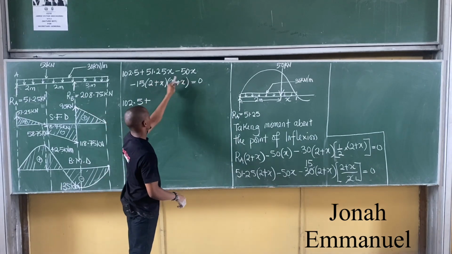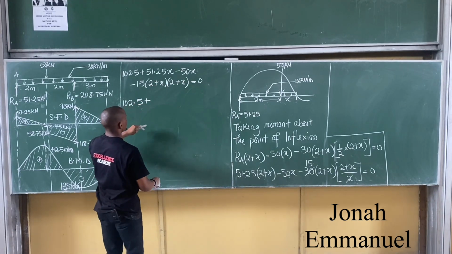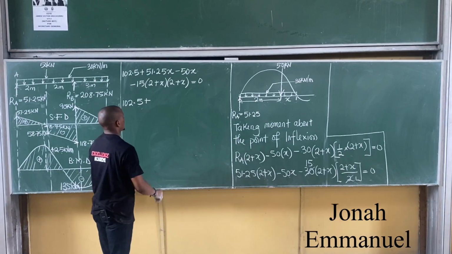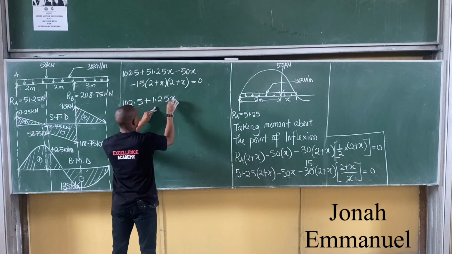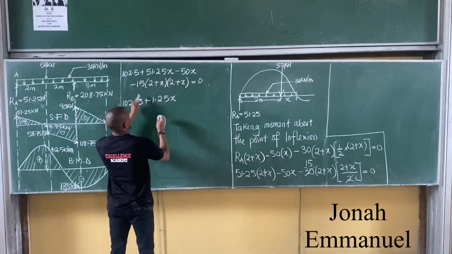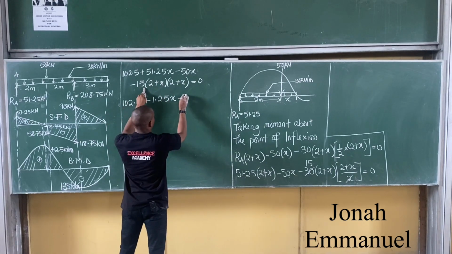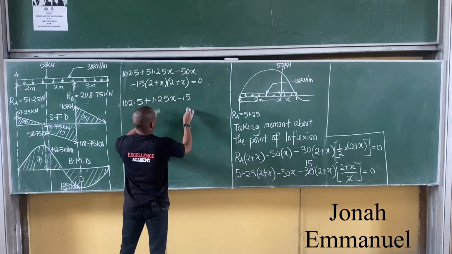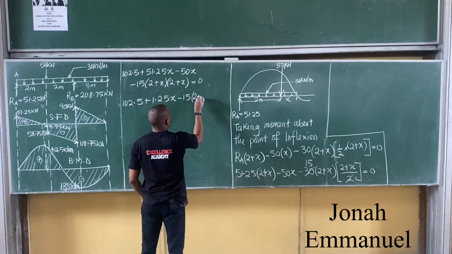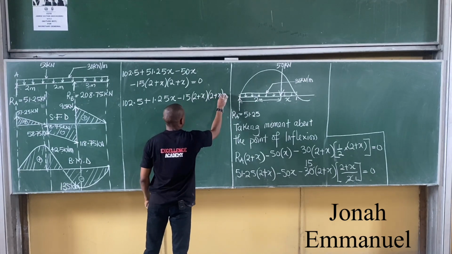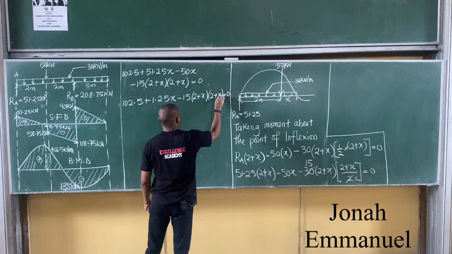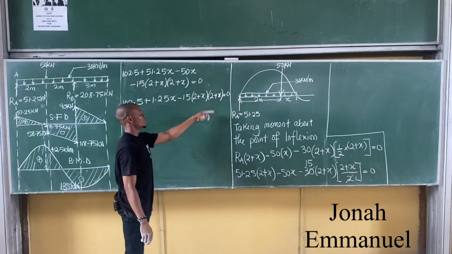What do you have here? 1.25x, this 2 minus 15 into 2 plus x into 2 plus x equal to what there? 0.